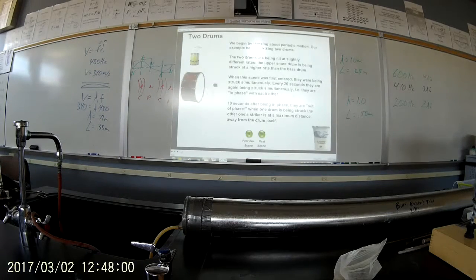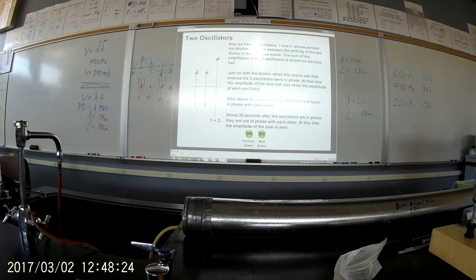So here's two drums, and their frequency is slightly off. There's going to be a point where they're going to overlap and be in phase. They'll hit at the same time. And now they're in phase. If you look at these two balls bouncing up and down, the red balls are slightly out of phase.